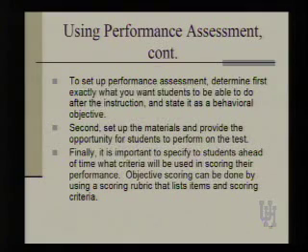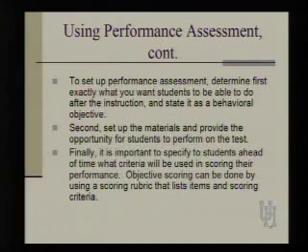So to set up a performance assessment, the first step is to determine exactly what you want the students to be able to do after it's over. Exactly, do you want them to demonstrate a construct? Do you want them to exhibit a process? Do you want them to perform a mathematical operation? What is it you want them to do?